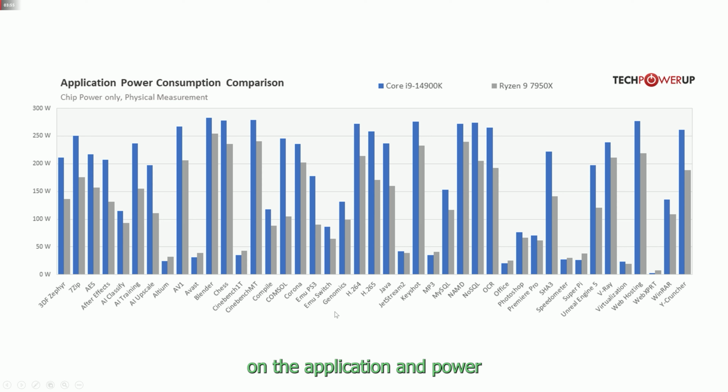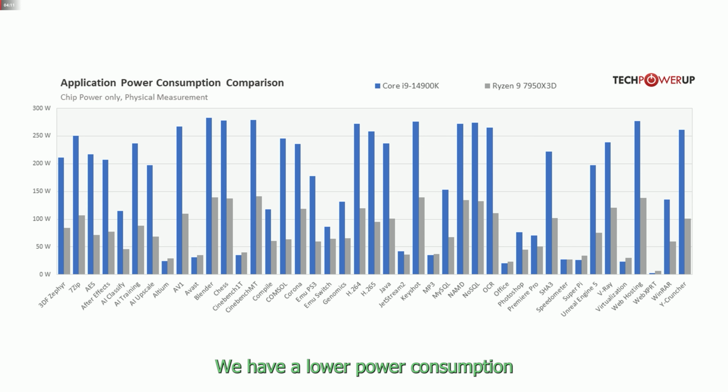On the application power consumption comparison, you can see AMD Ryzen gets a better result than the 14900K. We have lower power consumption. On the Ryzen 9 7950X3D, we get a much better result than the Core i9 14900K.